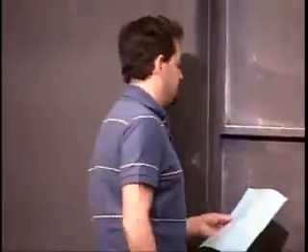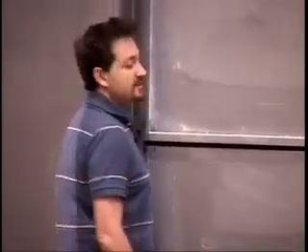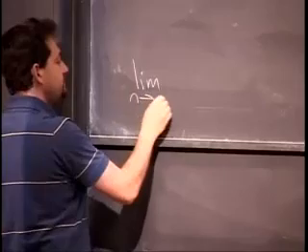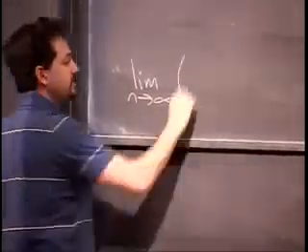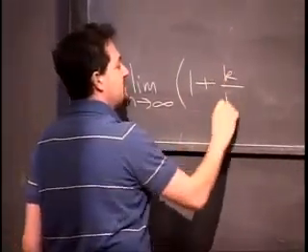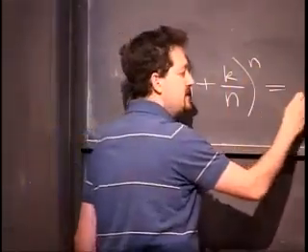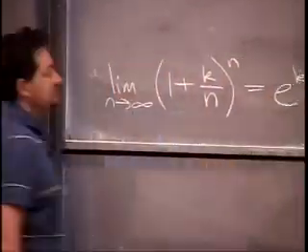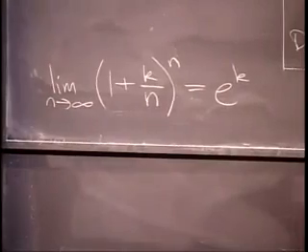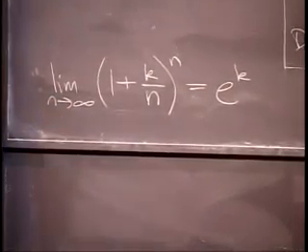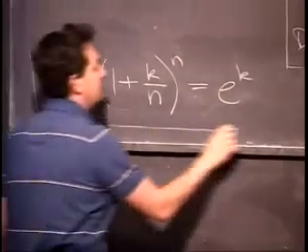Okay, so having spent a lot of time on that one sequence, the geometric sequence, here's another sequence which I'll just state. The limit as n goes to infinity of (1 plus k over n) to the power n is e to the k. Well, this is just a special case, or it follows from the same limit as x goes to infinity, but it does come up quite often.